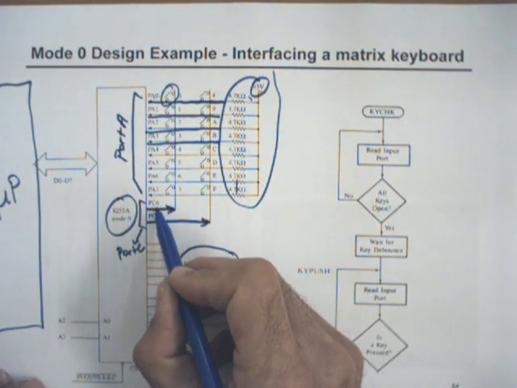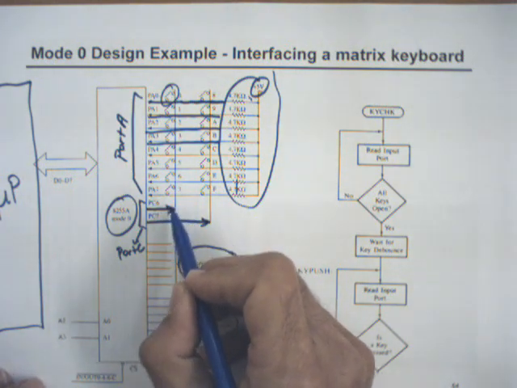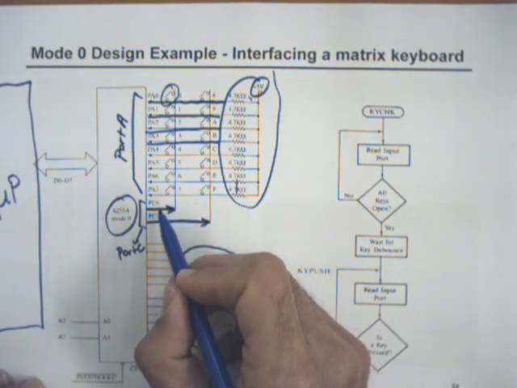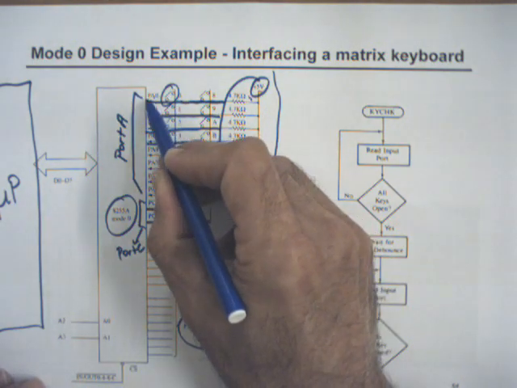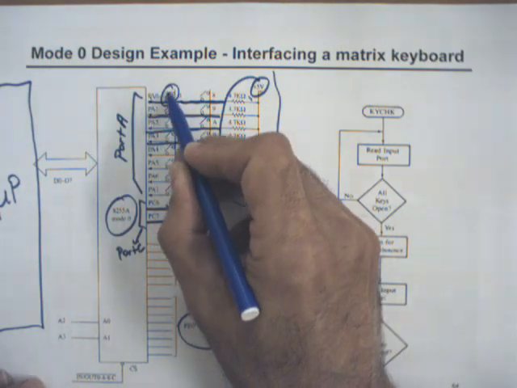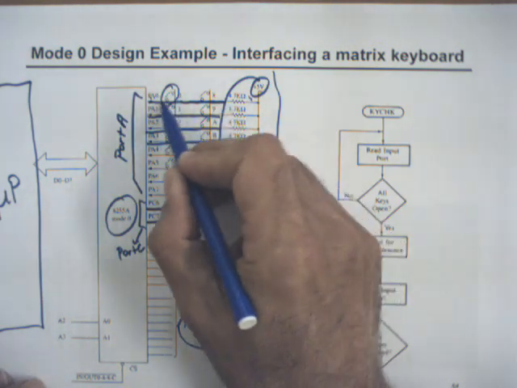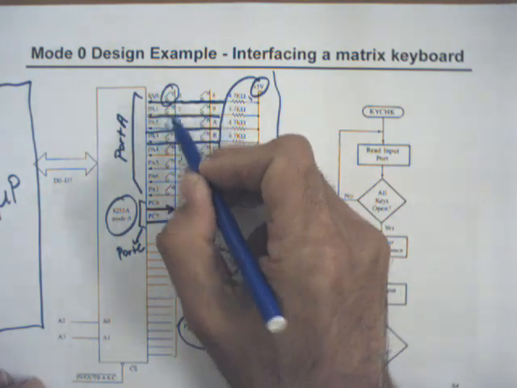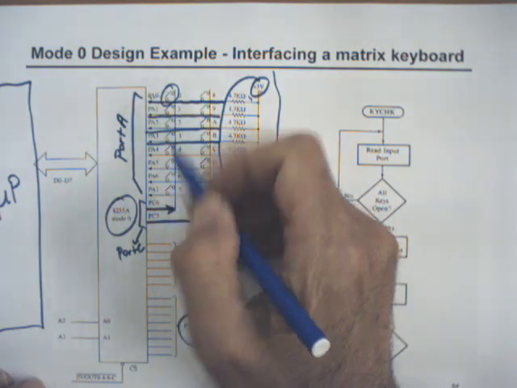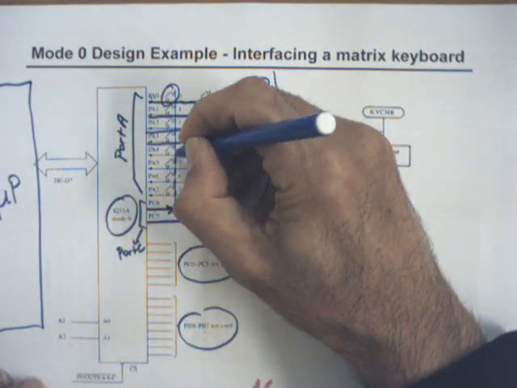So if you send high, it doesn't matter. If you send low to here and check whether this signal is low or high, if it's high, then this key is not pressed. You observe this signal, but there's low signal in the column.